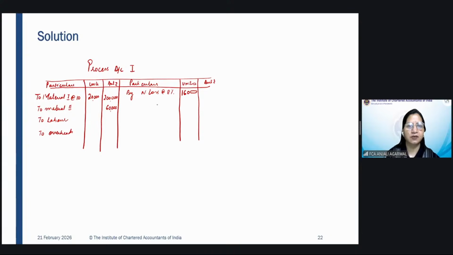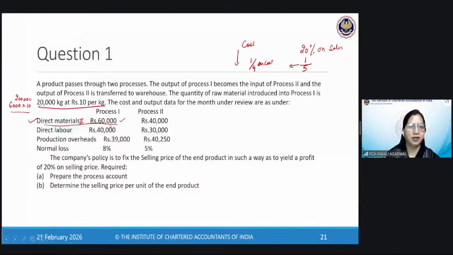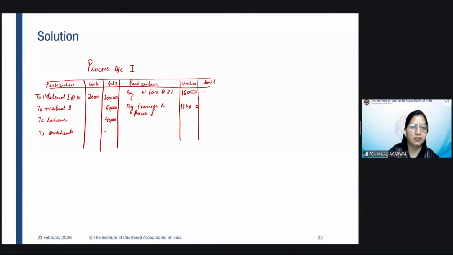So 1,600 units is the normal loss. So by transfer to process 2, 18,400 kgs or units. Amount is nil here, so the entire amount will be charged to good units. 40,000 is the labor and 39,000 is the overheads.